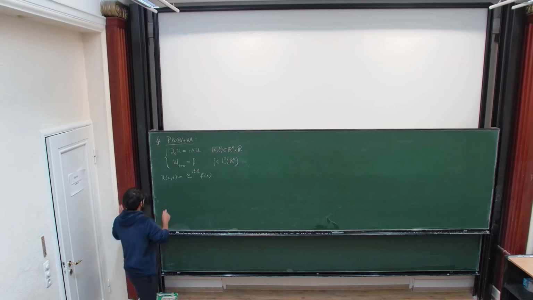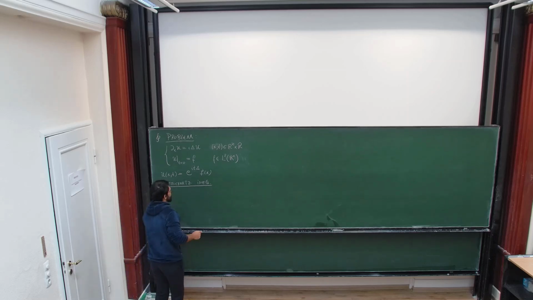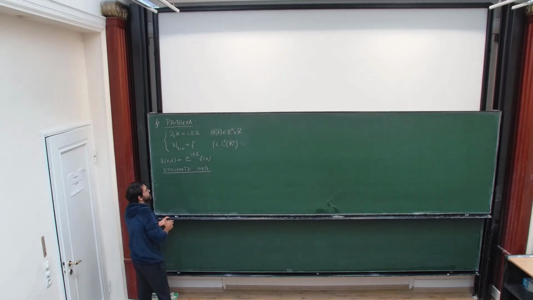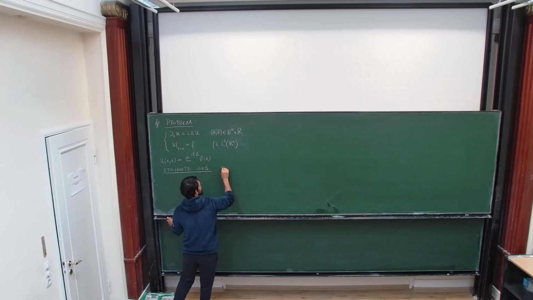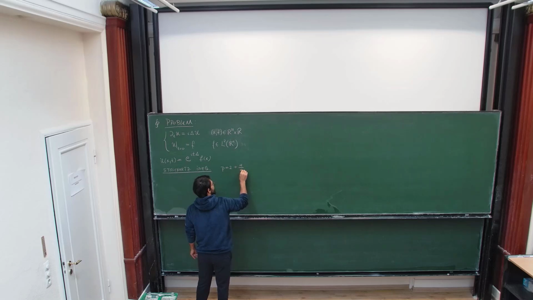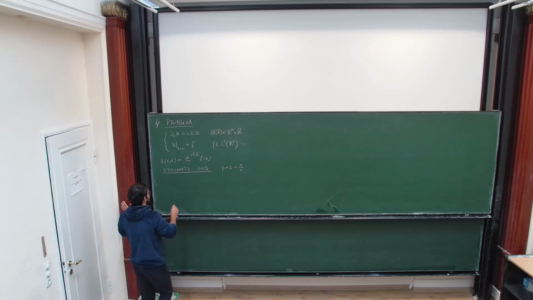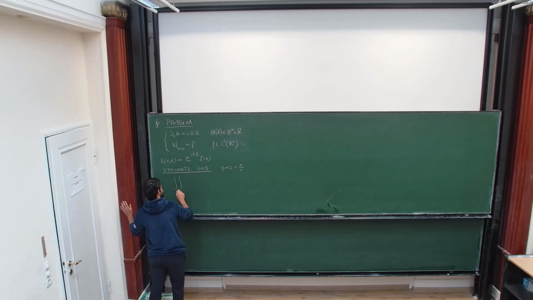There is the Strichartz inequality, that states that if you take p equals 2 plus 4 over the dimension, that's the exponent that just comes out of scaling arguments, we have this estimate here.